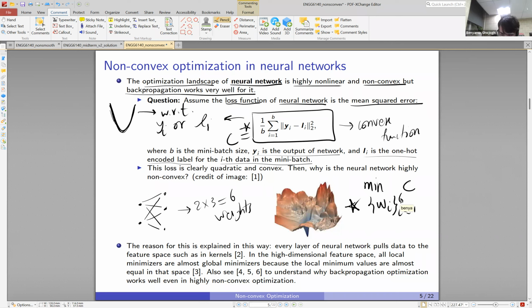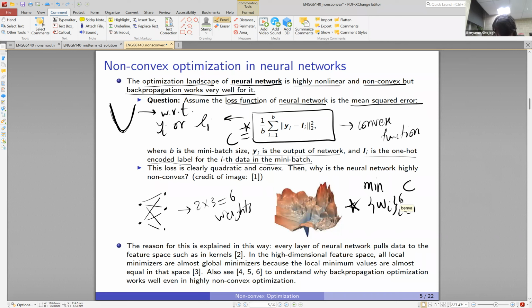That's fine. So that was one thing. Also, now in this paragraph, I'm explaining why usually in the neural network, the local minimums are good enough. So we can simply use backpropagation, which, as we discussed before, is just gradient descent plus chain rule, right?